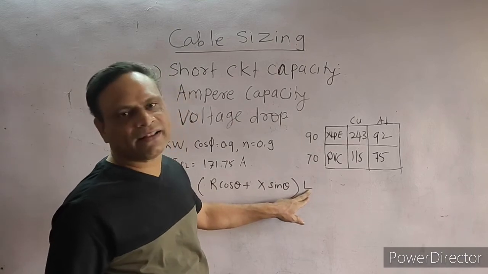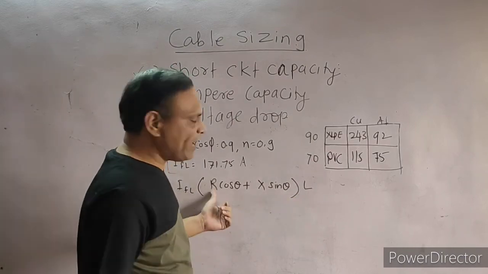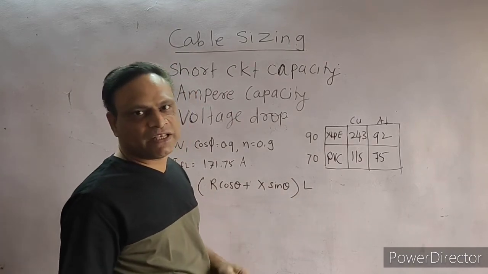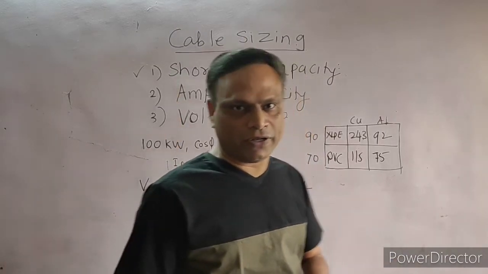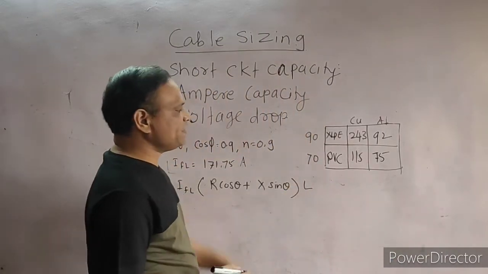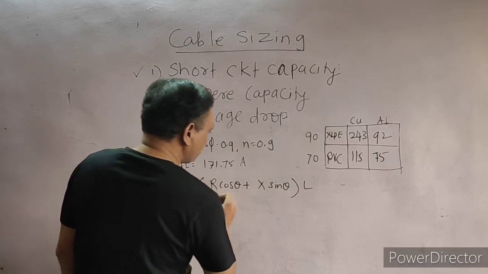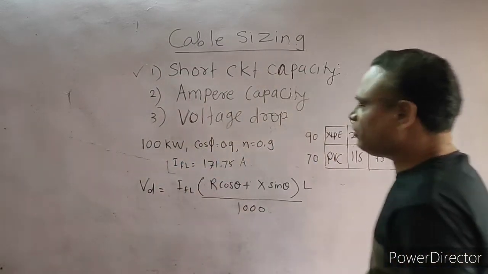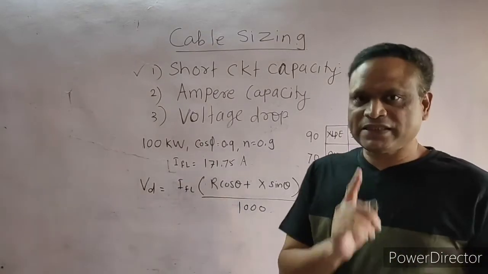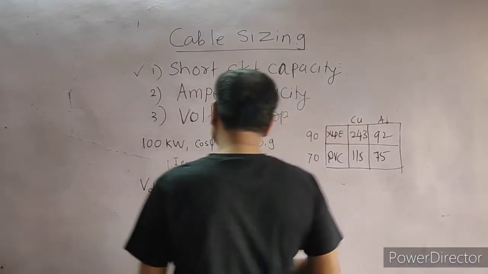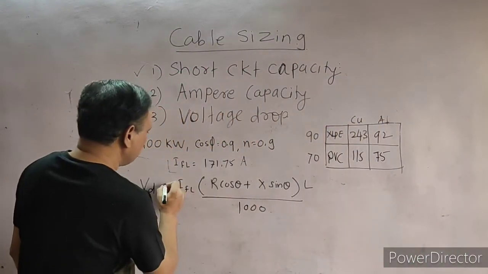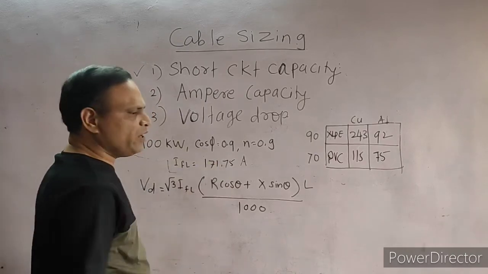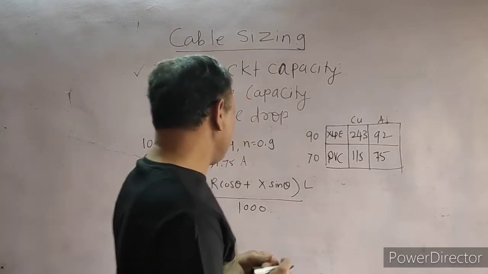Generally they specify L in meters, but the values of R and X they specify in ohm per kilometer, so we have to divide by 1000. This will give you the value of voltage drop for single phase. But since we don't have a single phase, we have to multiply it by root 3 for the 3 phase.